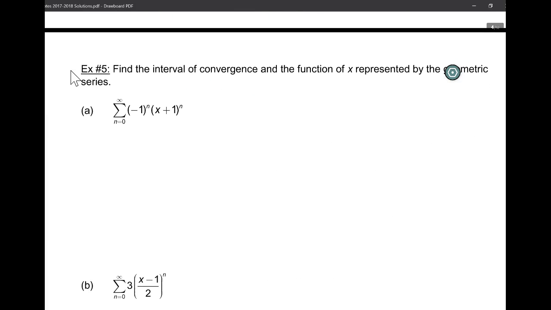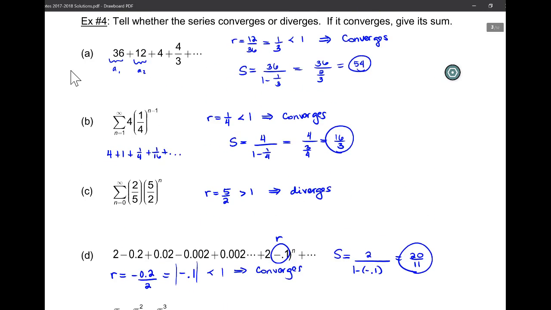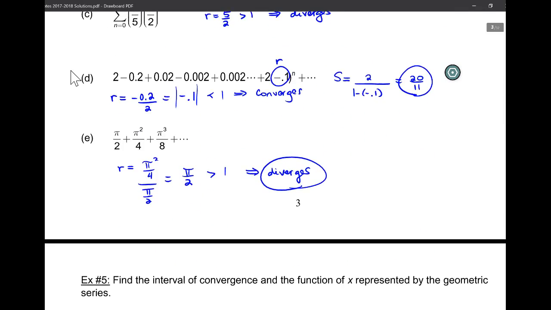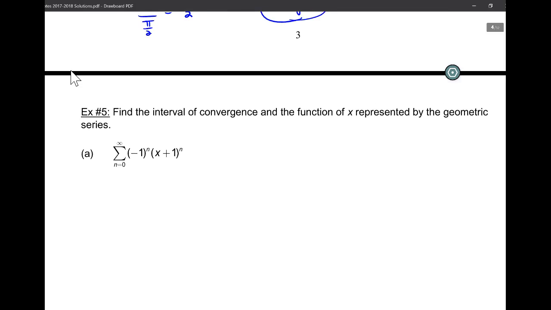Okay, so next we have a series where we want to find the interval of convergence and the function of x represented by the geometric series. So previously, we actually had the numbers. We didn't have any variables for x, okay? We had all the numbers that were involved. And now what we're saying is, okay, now we're going to introduce this variable x.